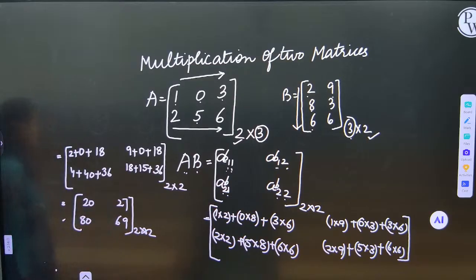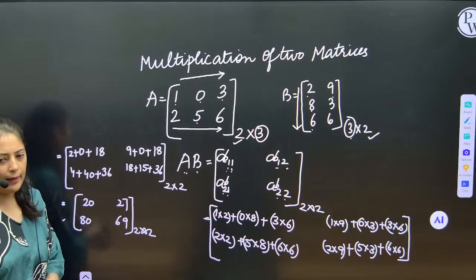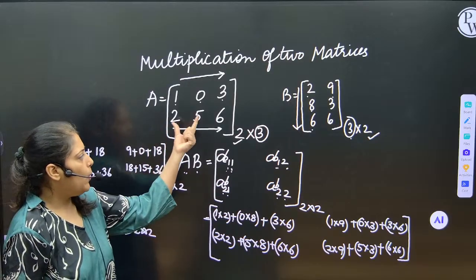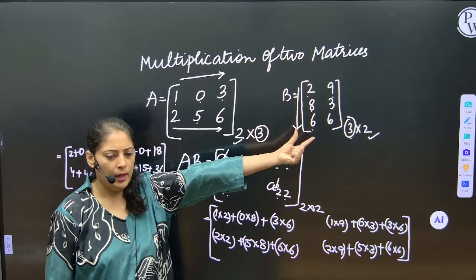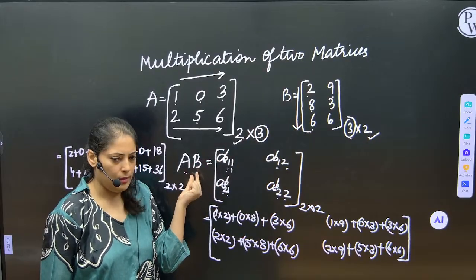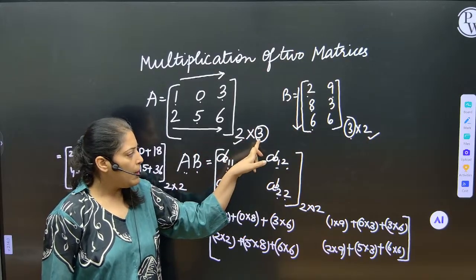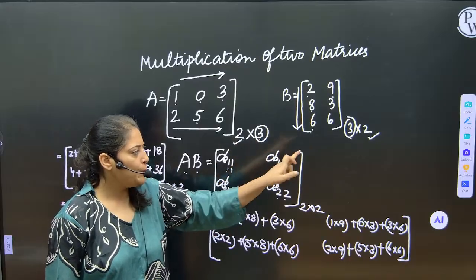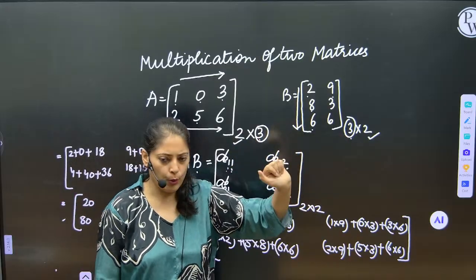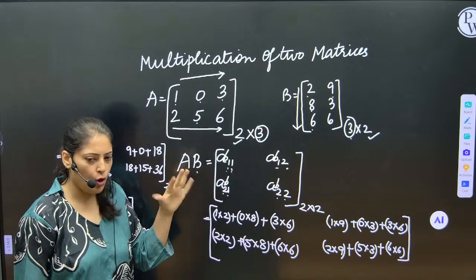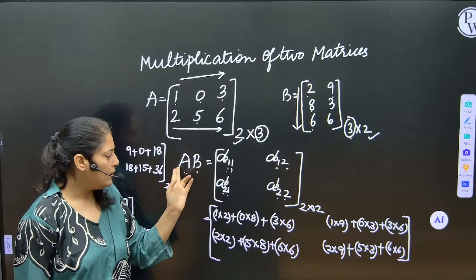Repeating again. Whenever two matrices are given and we have to find the product, the number of columns should be equal to the number of rows, depending upon the order in which we are multiplying.